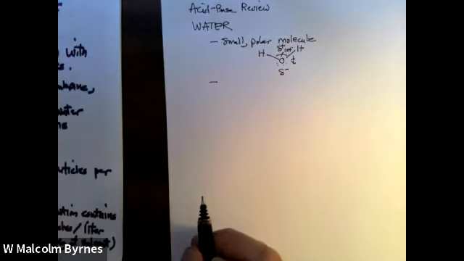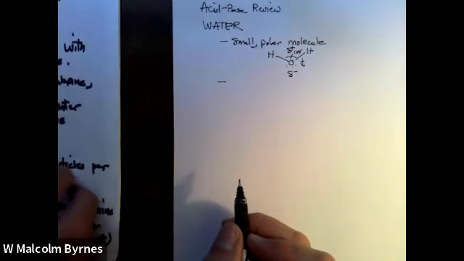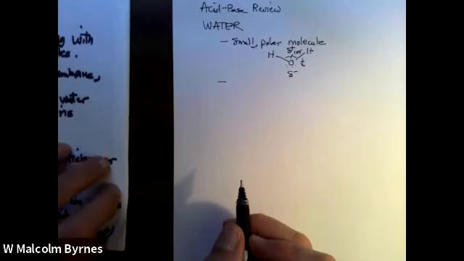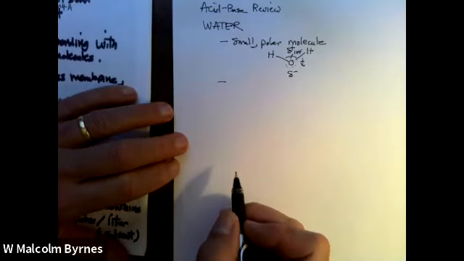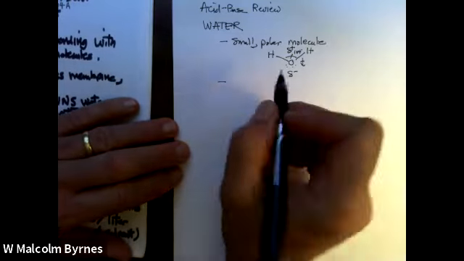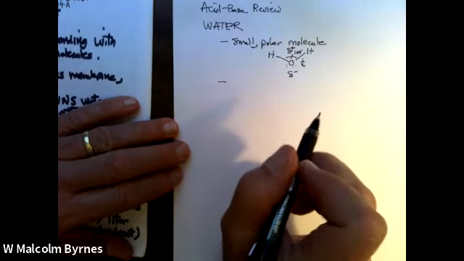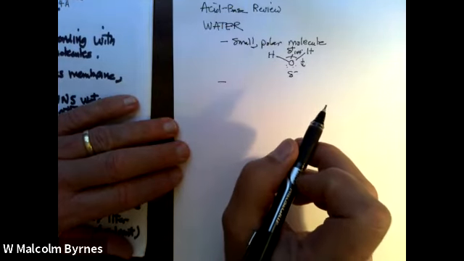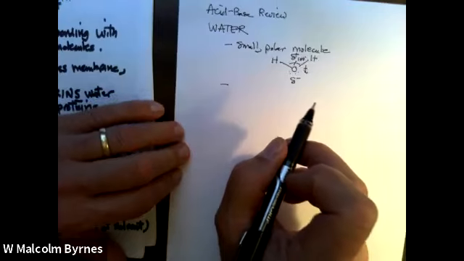It's bent, and this molecular structure gives water some unusual properties. It has a very high boiling point, for example, and can form ice, which is critically important for life on Earth. Ice is less dense than liquid water, which is important for lakes not freezing in the winter, for example.